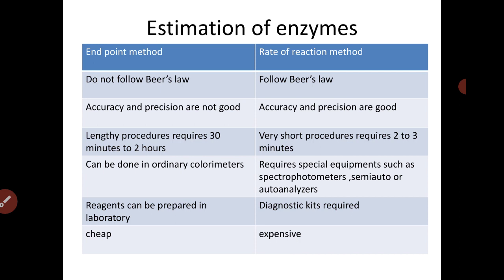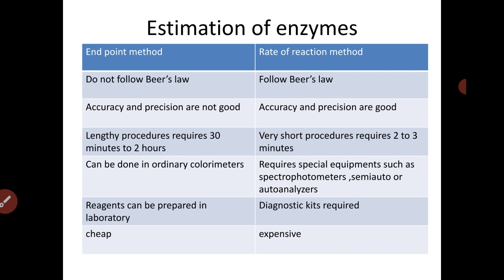lengthy incubation time. But whereas in rate of reaction method, though it is expensive because the reagents cannot be prepared in our laboratories, it is manufactured by stringent conditions by the manufacturers, and they will provide the diagnostic kits which contain the reagents.